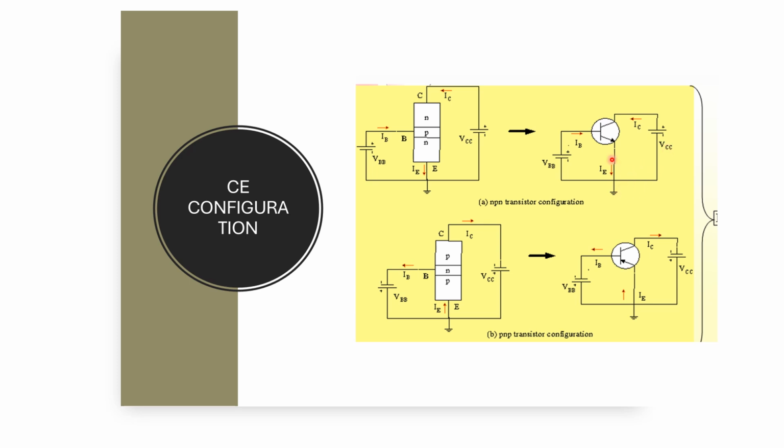But here, both the emitter and collector are N-type. So how can we connect it in the circuit? See here, the current direction must be from the positive terminal to the negative terminal, leaving from the positive and entering into the negative. Same for PNP also.